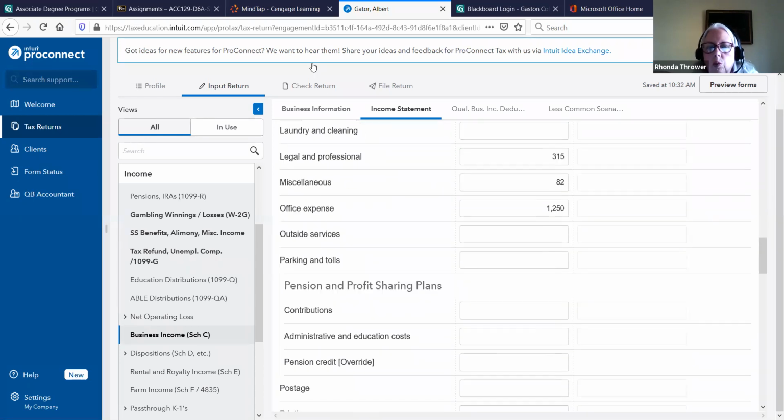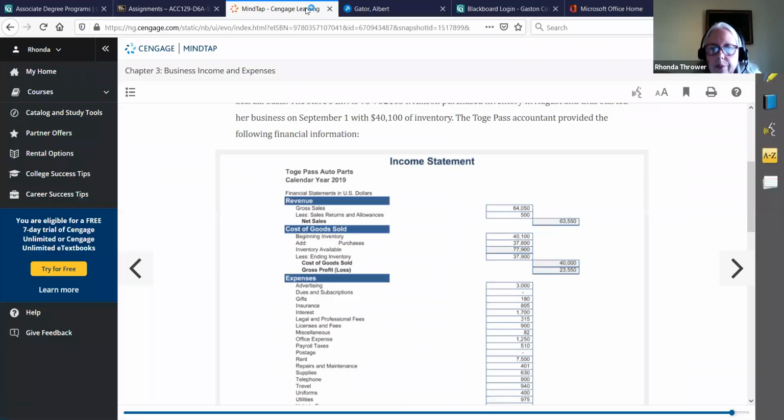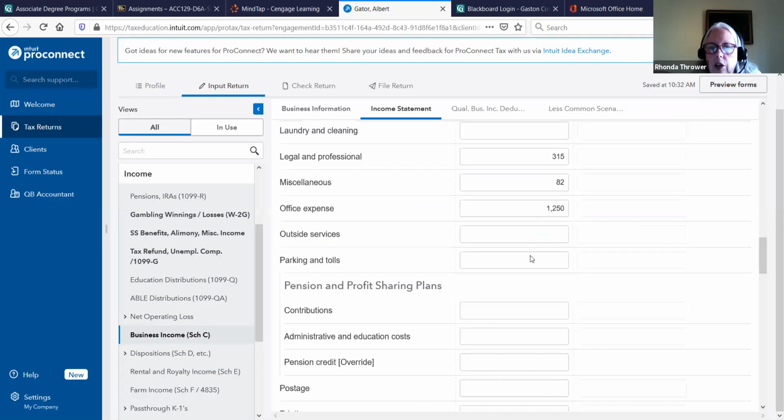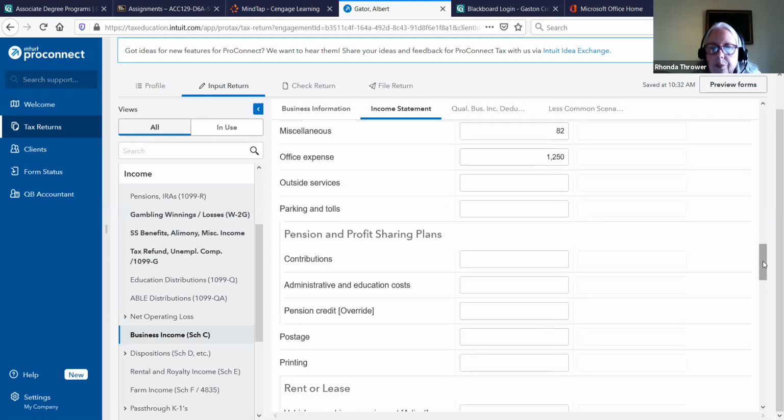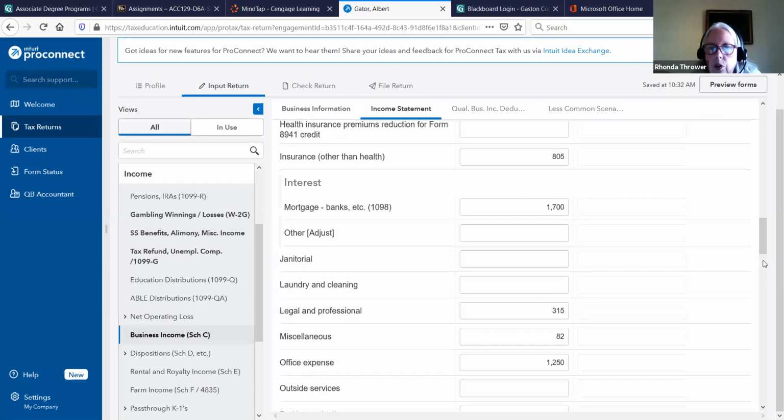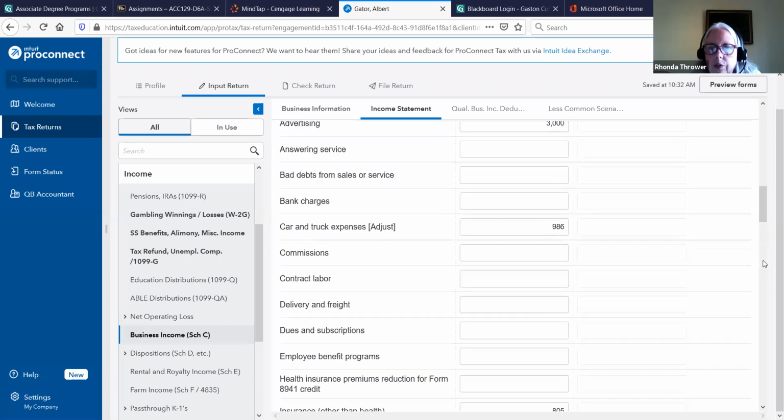And so what we were talking about was this 180 is going to be a part of the gifts. You can only take $150 of those as gifts, and that is going to go into Schedule C as other income, or excuse me, other expenses. And so I'll get to that in just a moment.